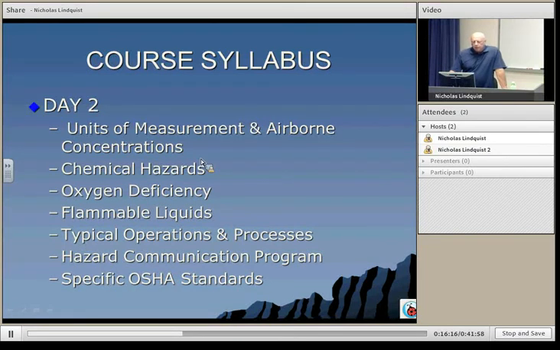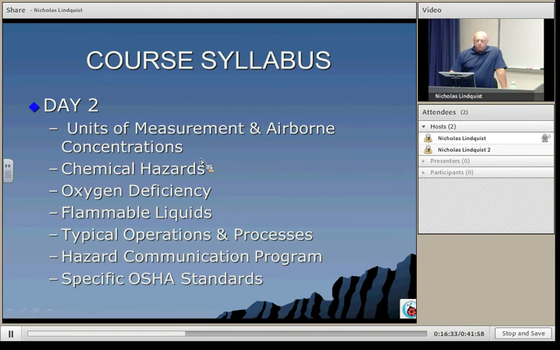On day 3, it's kind of a fun day. We talk about industrial hygiene surveys. We'll have demonstrations of direct reading instruments, long-term sampling, and we typically have a calibration and sampling instrument workshop.